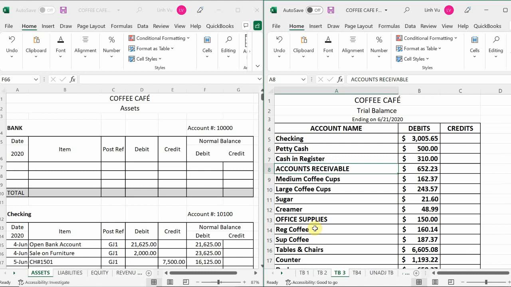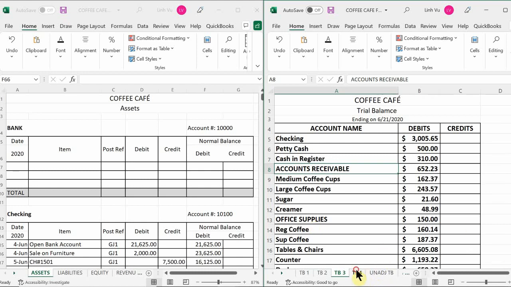Instead of having to type everything in again, especially for the numbers that are the same, we can save some time. We can just insert wherever we need a new account and leave the numbers the way they are.